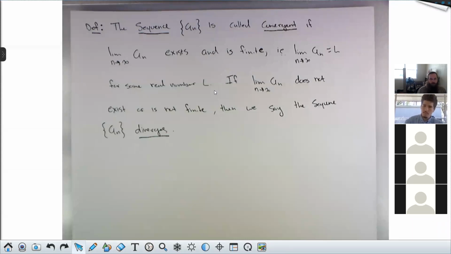The sequence AN is called convergent if the limit as n goes to infinity of the ANs exists and is finite, i.e. the limit as n goes to infinity of AN equals L for some real number L. Note, infinity is not a real number. Right? Infinity is not a number. If the limit of the sequence does not exist or is not finite, then we say the sequence AN diverges.